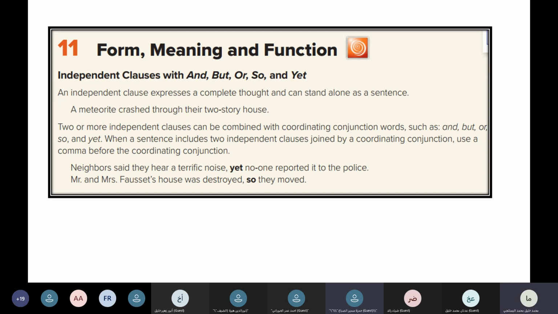A meteorite crashed through their two-story house. So you realize this is an independent clause because the sentence has a meaningful meaning and it has a complete thought. It can stand by itself as a sentence. Okay, complete.